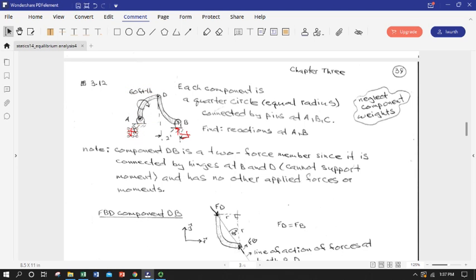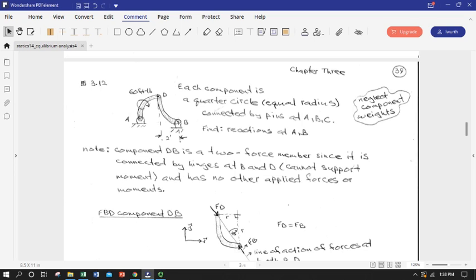Okay, something important to note: what is and what is not a two-force member? And that's really important for getting a solution. So remember, a two-force member is any body that is subjected to two forces and nothing else. And if it is, then we know that those two forces are equal, opposite, and collinear. So we'll start with member AD.